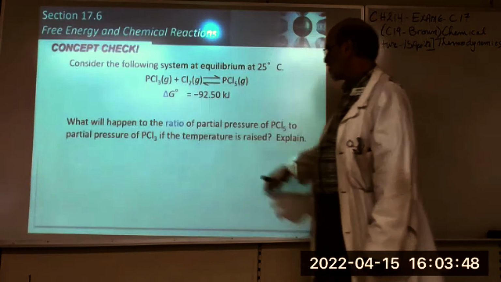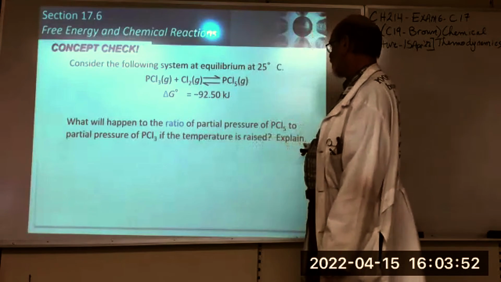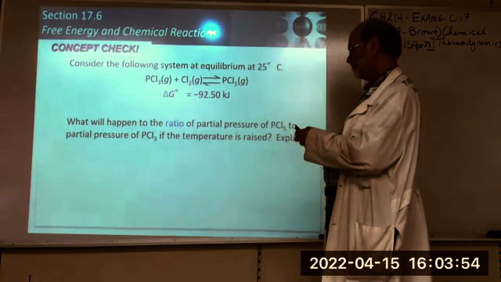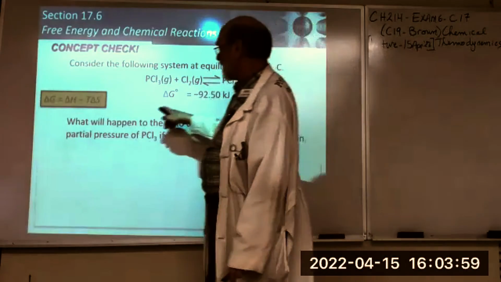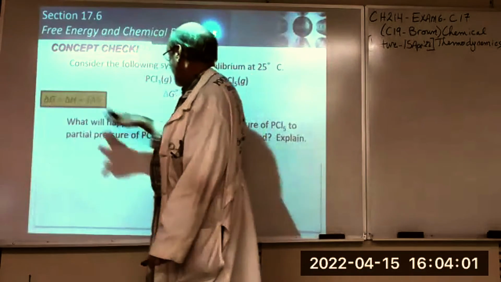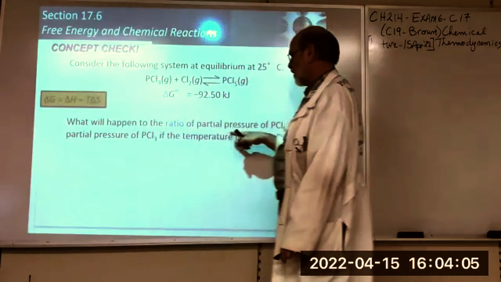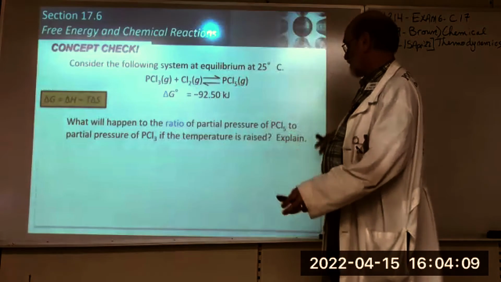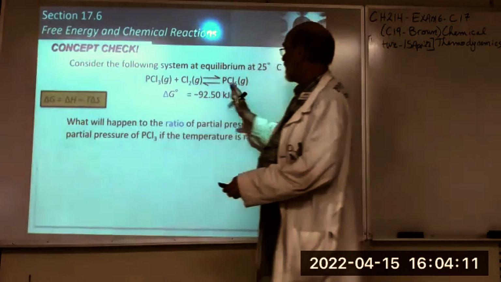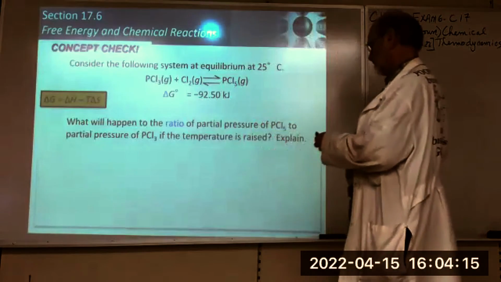What will happen to the ratio of partial pressures of PCl5 to PCl3 if the temperature is raised? Okay, if the temperature is raised, now we have actual delta G that we're looking for. Well, actually, that doesn't answer the question. We're actually looking for the ratio of this to that partial pressures.